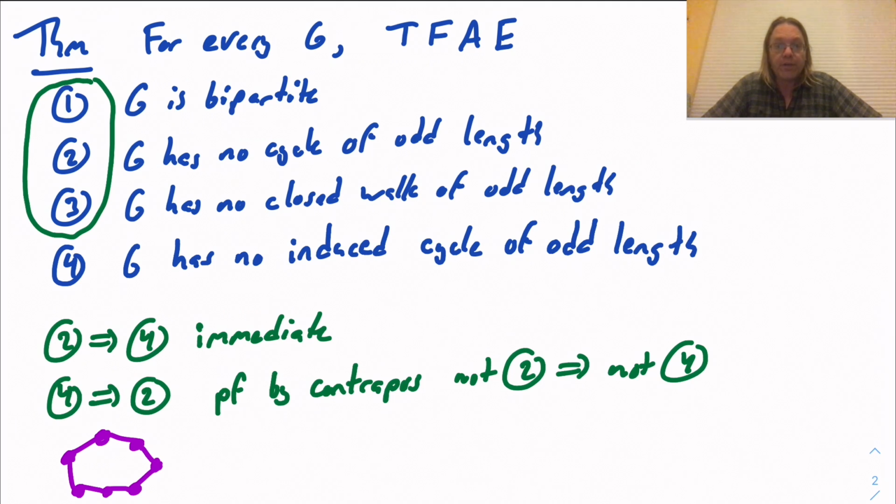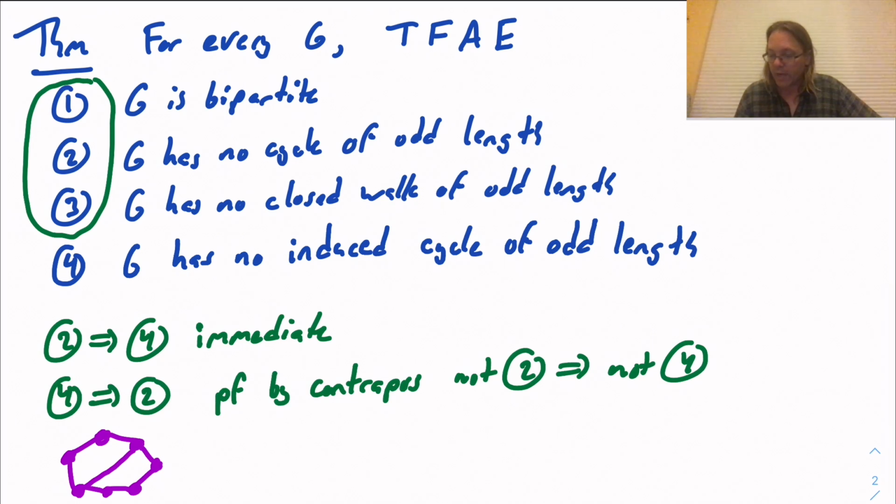We're trying to prove that it has an induced cycle of odd length. Well, there's your cycle of odd length. If that's an induced subgraph, you're already done. Hooray. Declare victory. If it's not an induced subgraph, then what does it mean? It means that your graph has to have an additional edge with both ends in the vertices of that cycle, right? Your graph has to have such an edge.